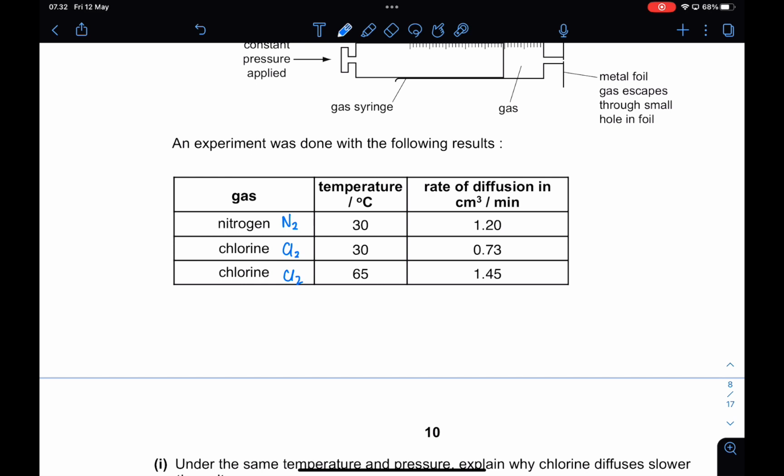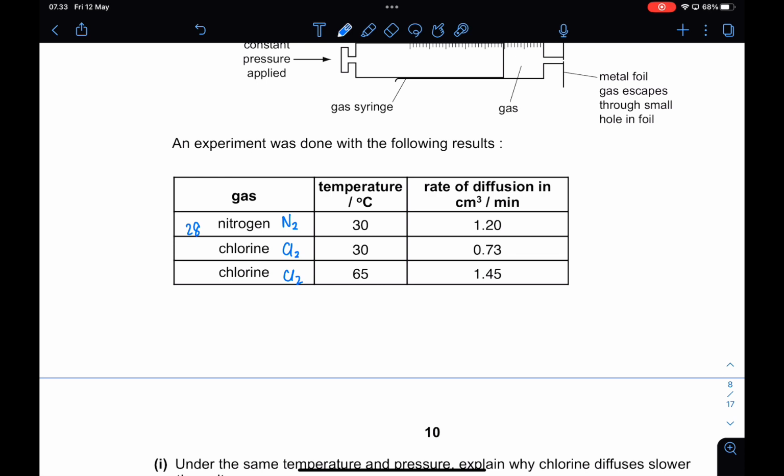So first of all, rather than just focusing, there are 2 things over here. One is temperature. Another one, I want you to look at the Cl2 and N2, and see which one is heavier. If you look at N2, nitrogen is 14 in your periodic table. 14 plus 14 is 28. That is the relative molecular mass.